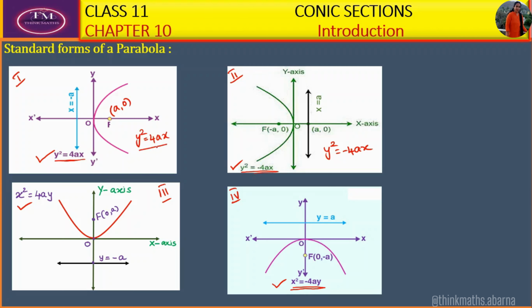Then the equation of the parabola is y square equal to 4ax. In the same way, if the mouth is open at the negative side, then the focus will be minus a comma 0, on the negative side of the x-axis, and the y coordinate will be 0 on the x-axis. So therefore the equation will be y square equal to minus 4ax.